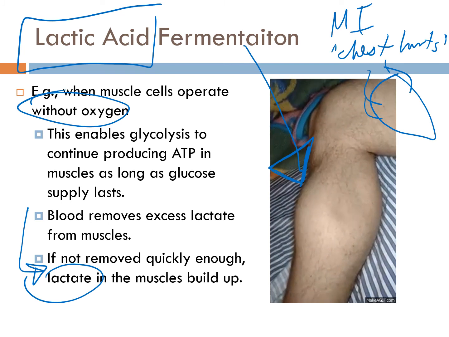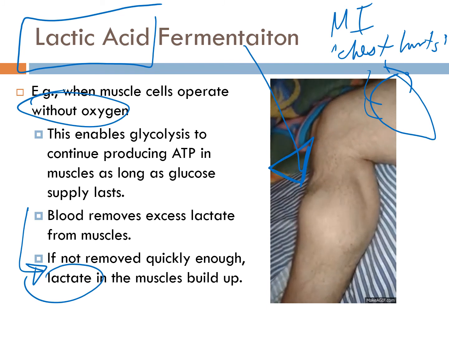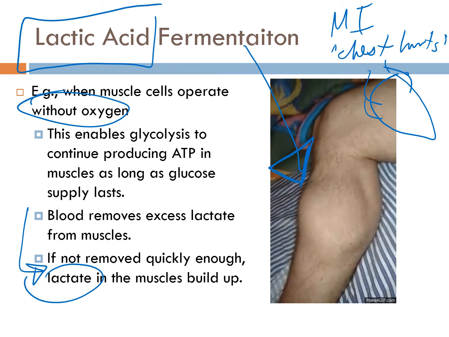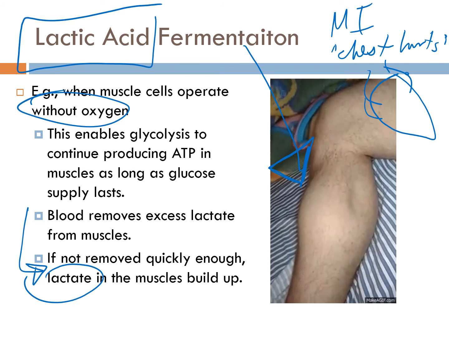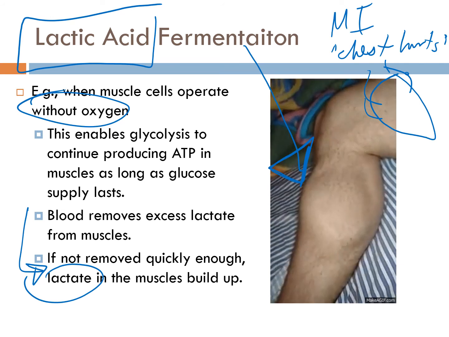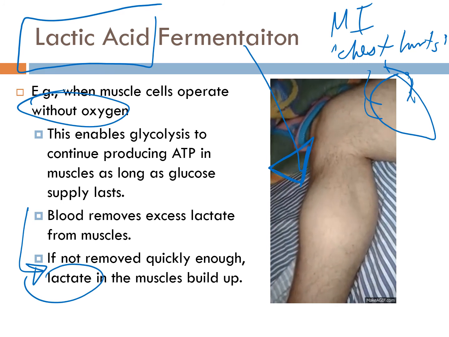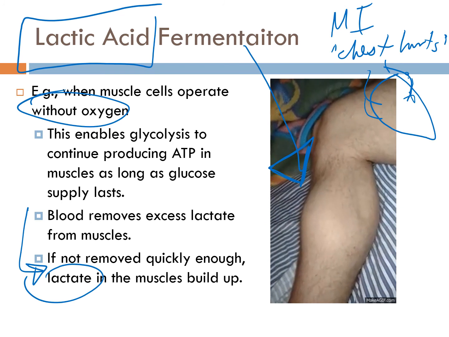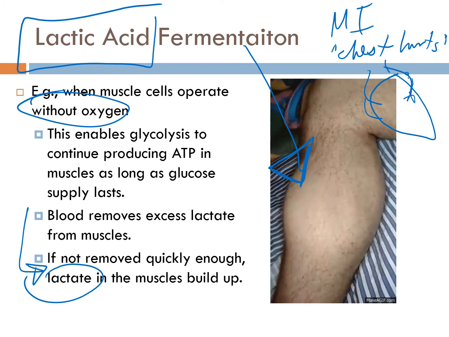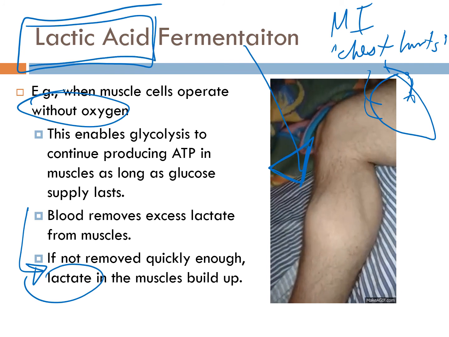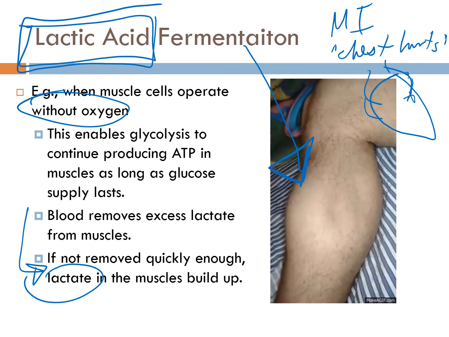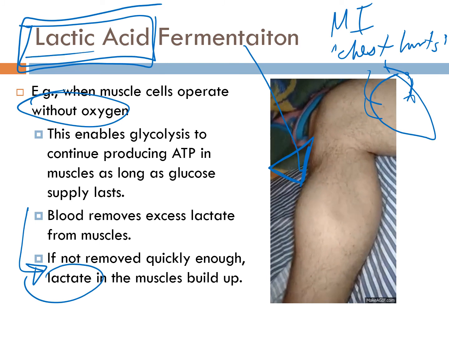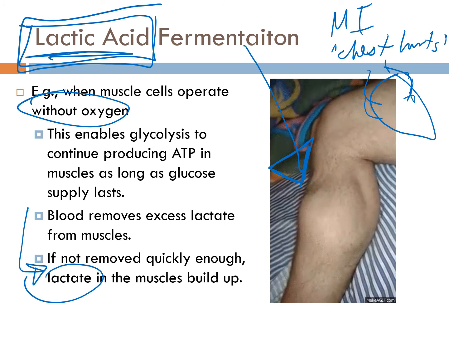If you block one of these coronary arteries with a clot, oxygen and blood are not being carried to that part. If there's no blood, there's no oxygen. Therefore you end up getting lactic acid fermentation in that area. That's why the chest hurts, because the lactic acid is building up. Just FYI.